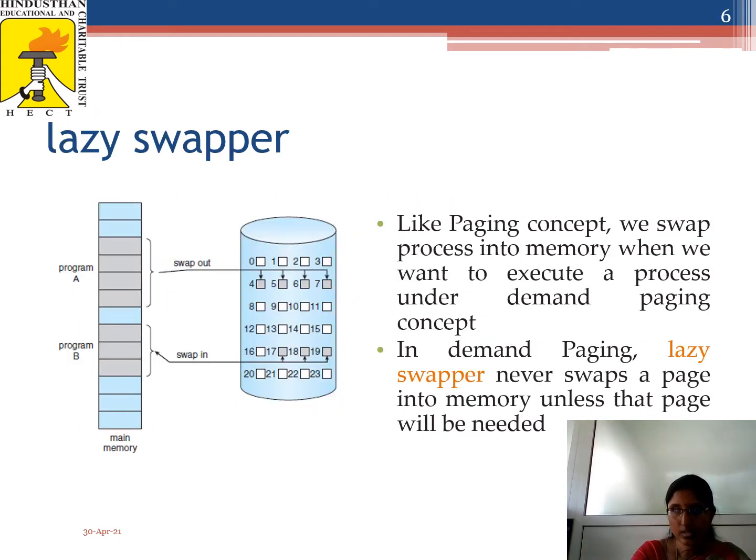Like the paging concept, if memory is full, old processes are swapped out and new processes are swapped into main memory under the demand paging concept. In demand paging, one specialized service called the lazy swapper never swaps a page into memory unless that page will be required by the processor.